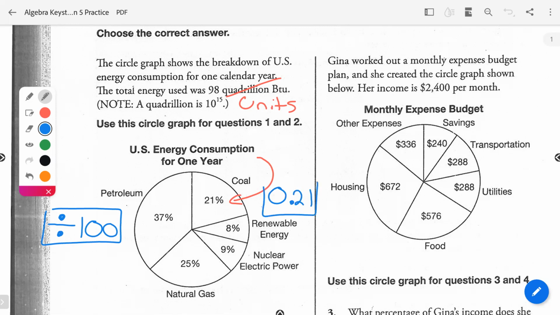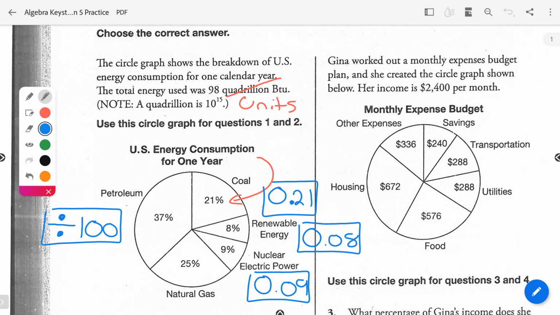That's my value for coal. For renewable energy, it would be 0.08. For nuclear electric power, that's going to be 0.09, and so on and so on. I would do it for the natural gas and the petroleum, by the way, a fancy word for just simply oil.